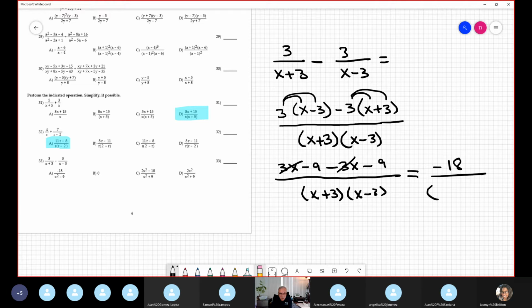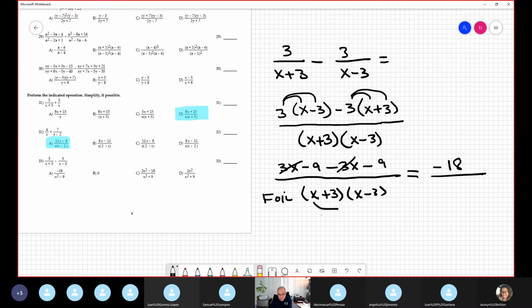However, I saw here in the choices we have no x plus 3 times x minus 3. The reason is that the professor doing this did the multiplication, foil, that part. And foil is super easy in this case because they are conjugates. Entonces, bueno, okay, but suppose that I don't remember conjugates.